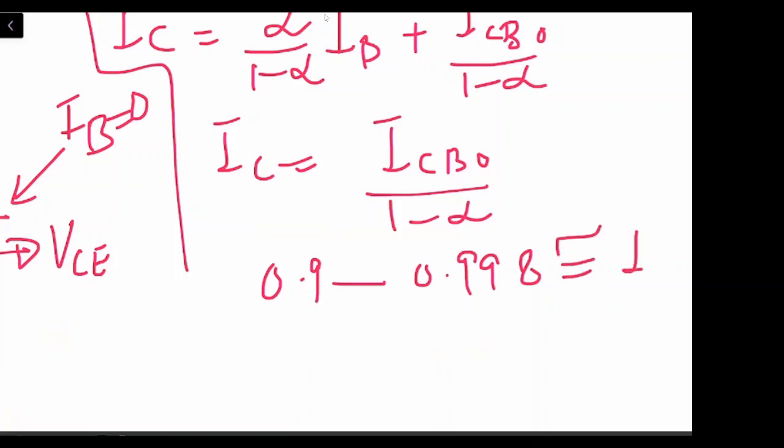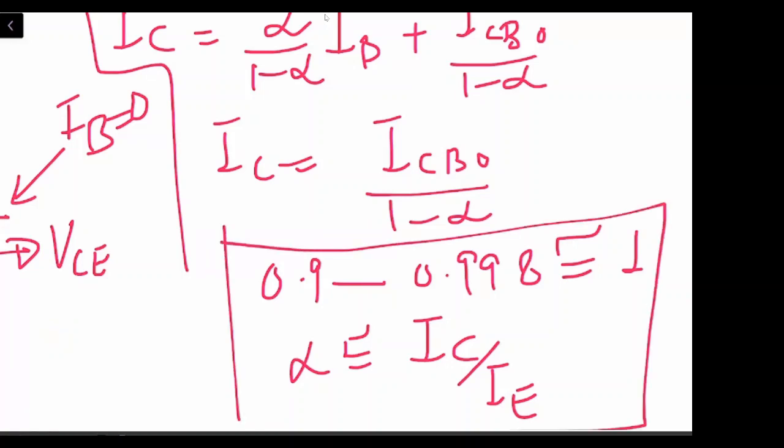Why? Because alpha is approximately equal to IC by IE, and the value of IB is very small, so therefore the value of alpha is approximately equal to 1, right? Are you with me?